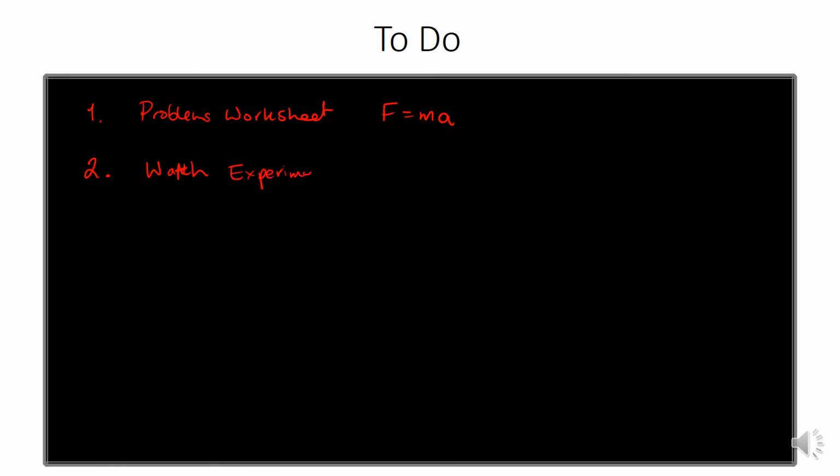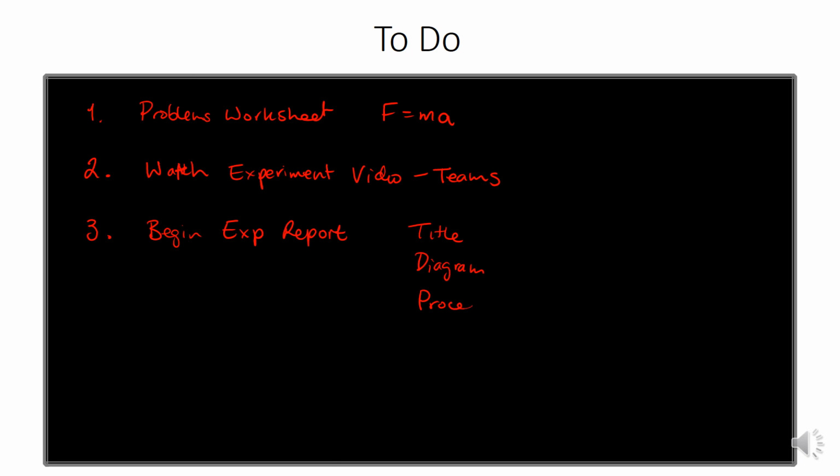The link will be in our team. And third, I want you to begin the experiment report. That is your title, etc., your diagram, and you can write your procedure. And then we'll be ready to go on Thursday with your experiment.